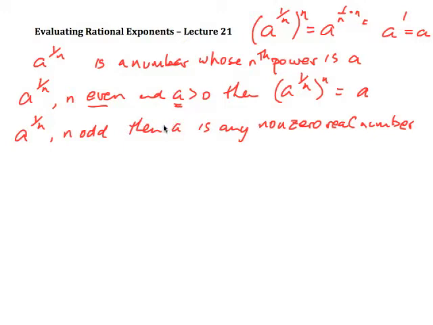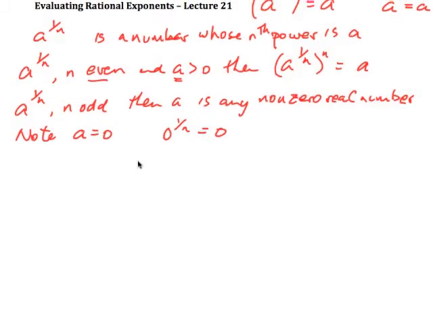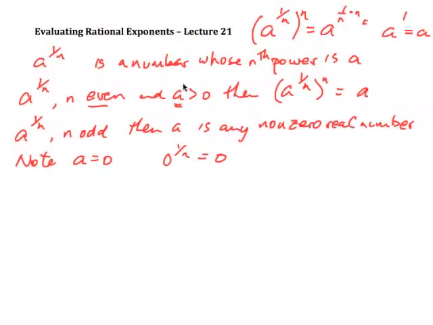Now, also we should note, of course, that if a is equal to 0, then 0 to the 1 on n will still be 0. So remember, we're talking about this being the principal nth root, the positive one.